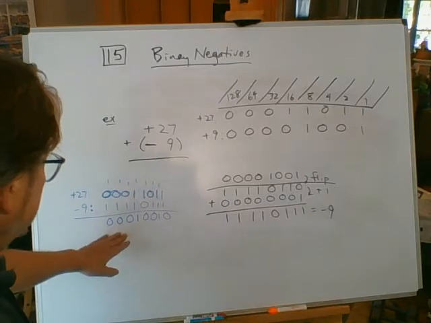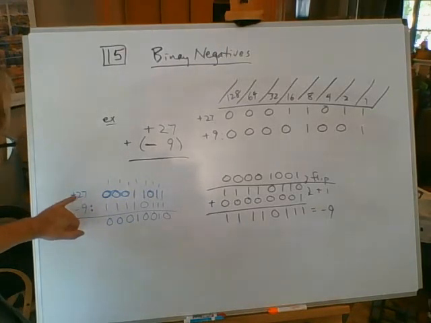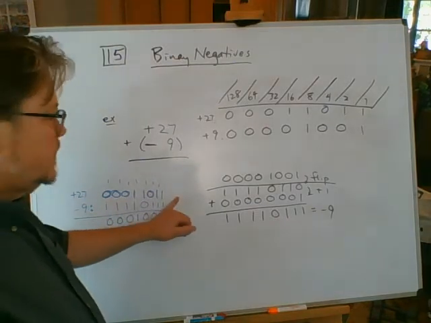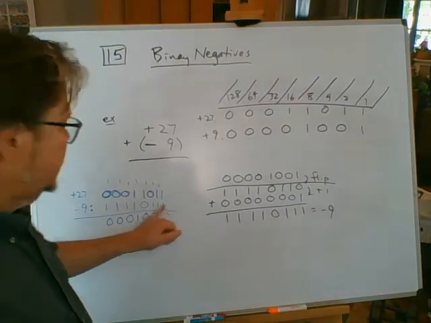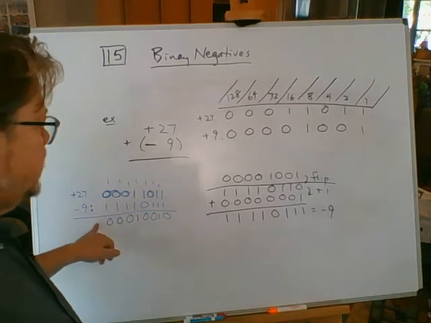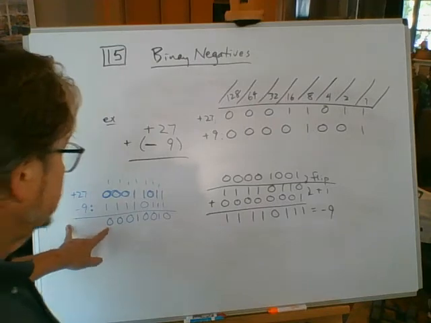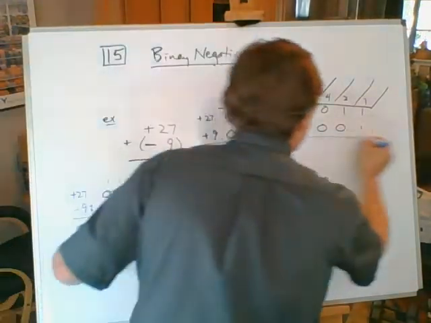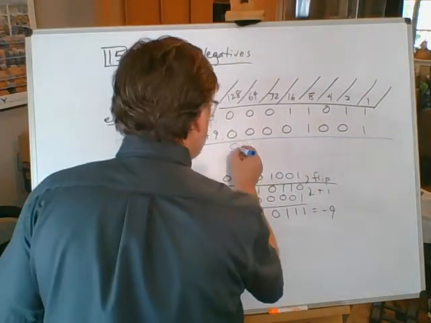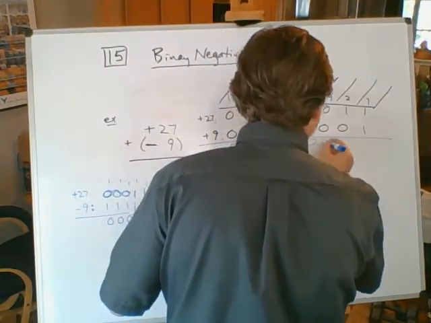Now, that's what I got. We'll see what happens. That's what I got when I added the bit pattern for positive 27, which looks the same as plain old binary, and negative 9, the weirdo flip the bits and add 1 bit pattern we get in 2's complement when we want the negative number. So this will be place value chart. This will be 0, 0, 0, 1, 0, 0, 1, 0.